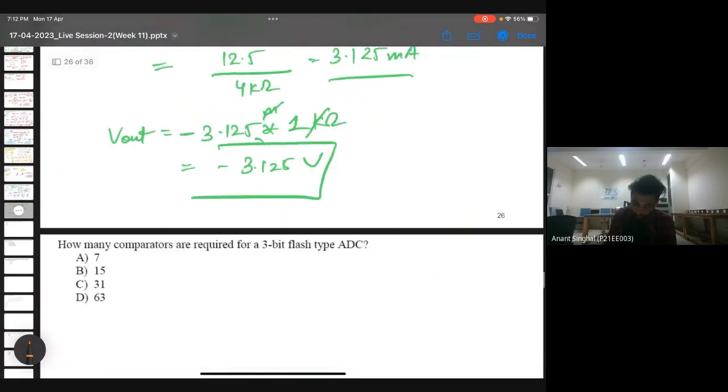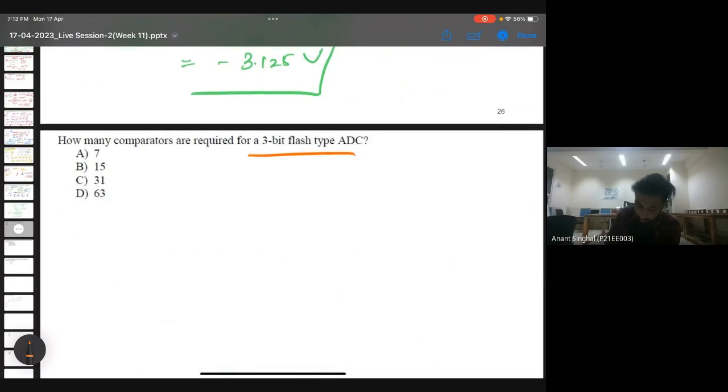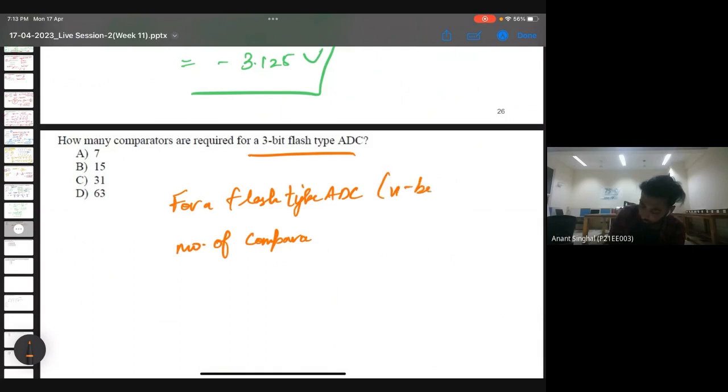Okay, so let's try the next question. This is quite easy. It says how many comparators are required for a 3-bit flash type ADC. I've already told you about it. For an n-bit flash type ADC, the number of comparators is nothing but 2 to the power n minus 1.